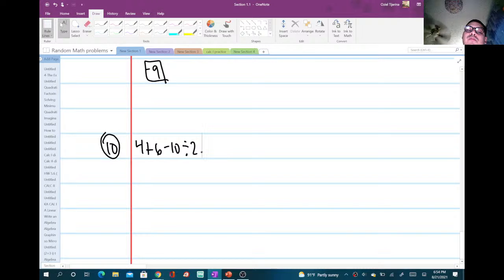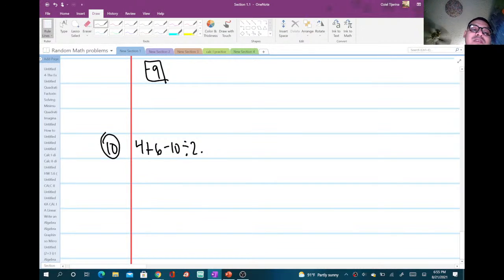The only thing I have is Desmos, so let me just go ahead and write this down really quick. 4 plus 6 minus 10 divided by 2. So we have 4 plus 6, that's 10.